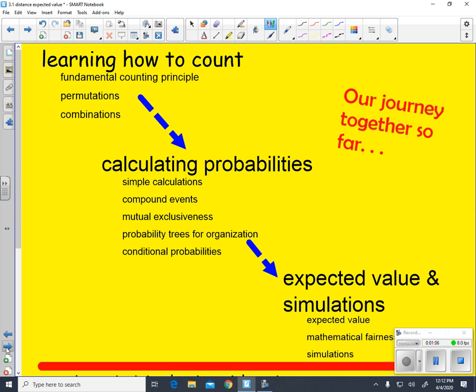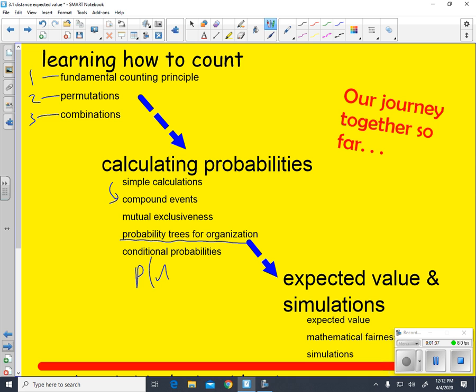If we think about where we've been so far, we started out learning how to count and determine the size of the sample space, and we counted with 3 different counting methods. Then we moved into actually calculating probabilities, graduating from simple to compound events, and we even worked with probability trees and conditional probabilities.